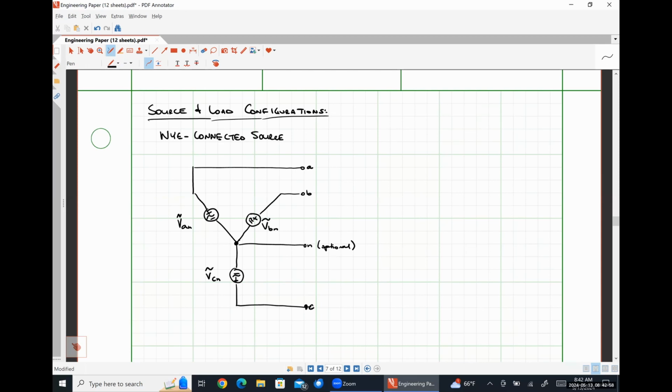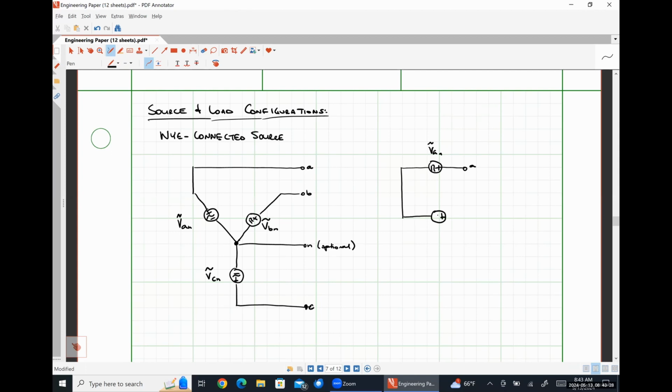So this is the conventional way of drawing a Y-connected source, and I find it to be incredibly bothersome. So instead, I prefer to draw them exactly how I did earlier on, like so. So here's my A terminal. This is voltage VAN.